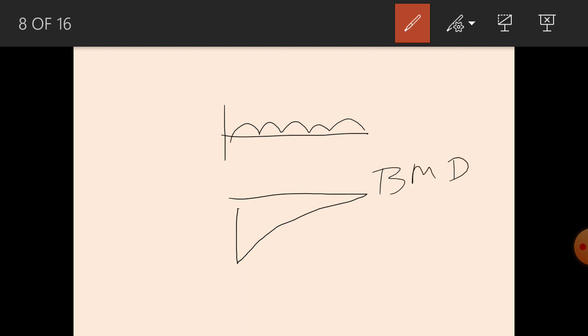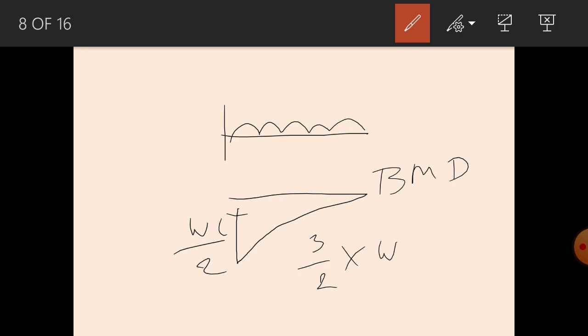What will be your area? It will be 3 by 2, because it is curved, so it will be 3 by 2 into WL square by 2, right?